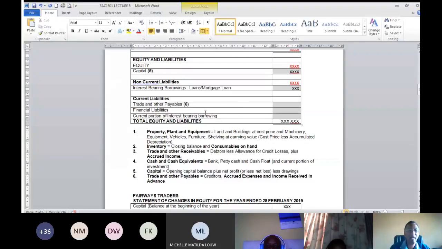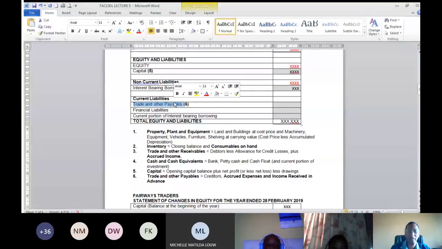Let us take a look, guys, at your current liabilities. Current liabilities can consist of trade and other payables. To get the amount of trade and other payables, just look at the bottom there, I've got the trade and other payables.